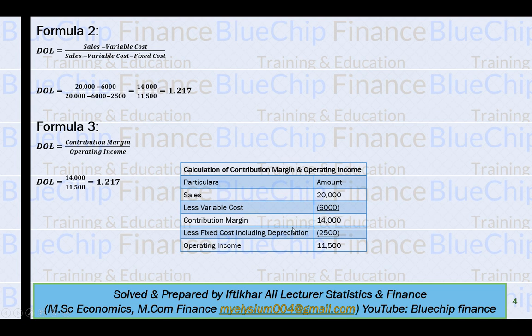When we subtract fixed cost including depreciation out of contribution margin, your result will be operating income. So operating income will be 11,500. The same result we can get from this formula too: 14,000 divided by 11,500 equals 1.217.